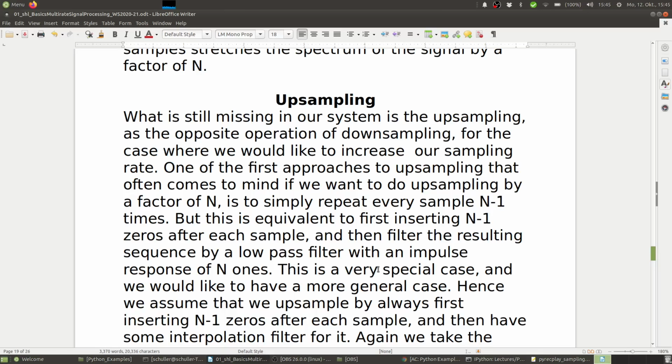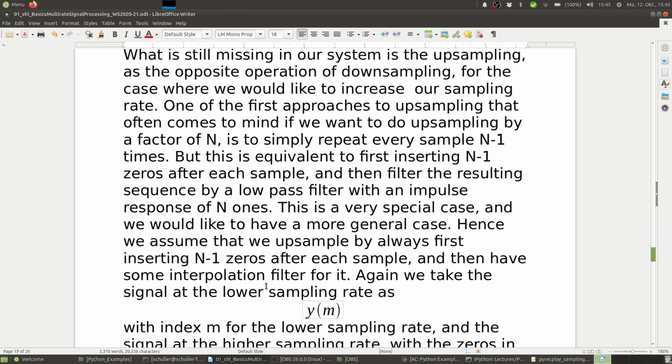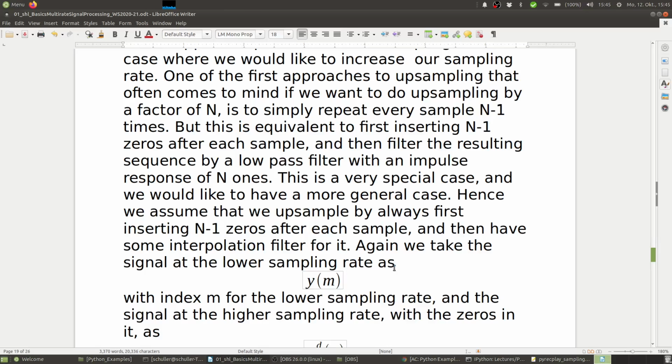So this is a very special case, and we would like to have a more general case. Hence we assume that we upsample by always first inserting N-1 zeros after each sample and then applying some interpolation filter, for instance a good low pass, or in the last case a good high pass.